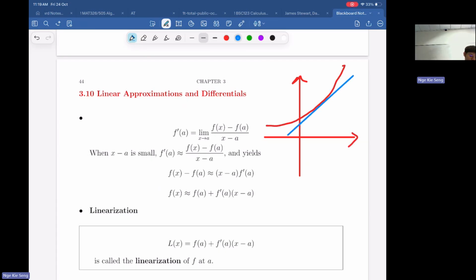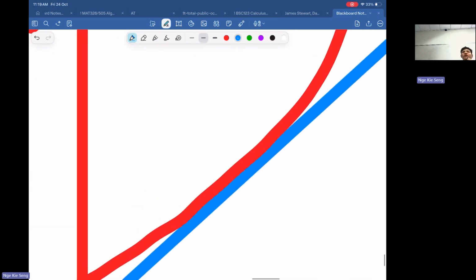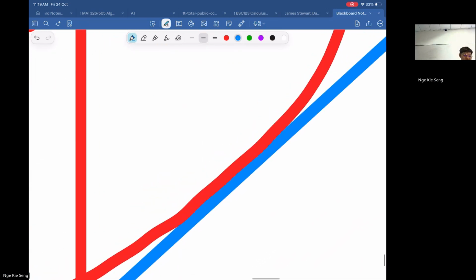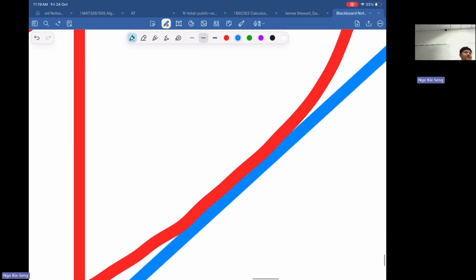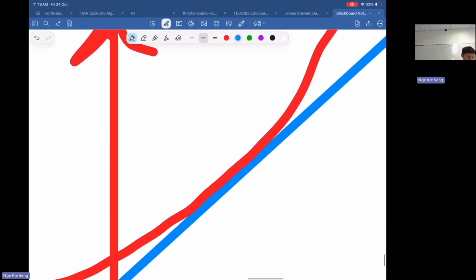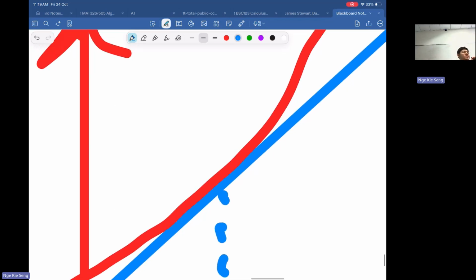When you zoom in enough, this tangent line is really like a linear line. Can you see or not? The curve actually coincides with this line here. So when you get very close to the point where you make the tangent line, your curve is actually linear. It's just a straight line.